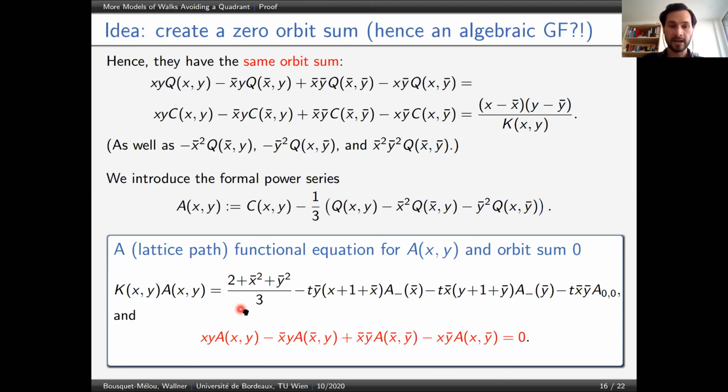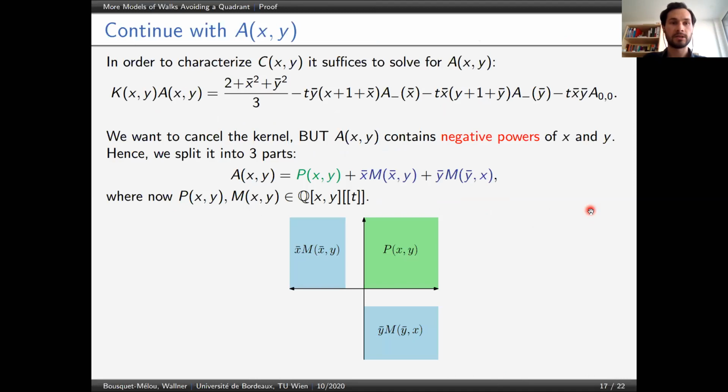Now, after we have performed the step-by-step construction, this can be interpreted as a lattice path generating function with starting points 0, 0, minus 2, 0, and 0, 2 with certain weights. So what we want to do now is analyze this functional equation. If we know A, we will characterize C.